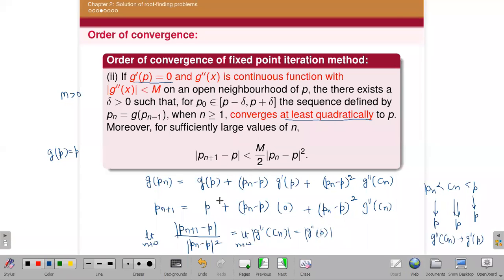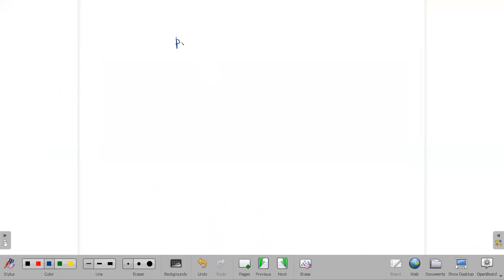And this should be bounded, and it is already bounded. So here we can say that with alpha equal to 2, this sequence is converging to p with quadratic convergence. So here Pn is converging to p at least quadratically.